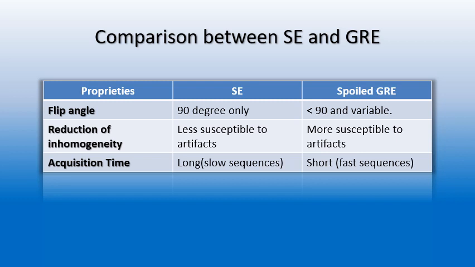It could be 10 degrees, 25, or 15, so it's variable, not fixed as in spin echo. Also, spin echo is less susceptible to artifacts, so it has a better resolution compared with the gradient echo. And as we have mentioned, the acquisition time in spin echo is long, so it is a slow scan compared with the gradient echo sequence.